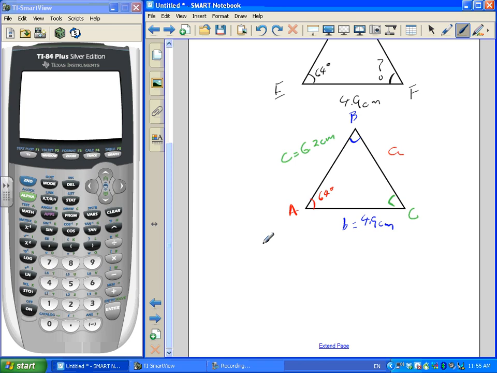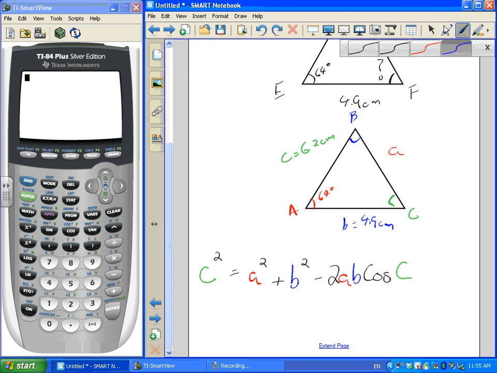So again, let's write out our Pythagorean theorem. Oh, sorry, not Pythagorean. Cosine law. We write out our cosine law. We're going to substitute our values in. So I actually have a measurement for side C this time. Okay? So side C is 6.2 centimeters.